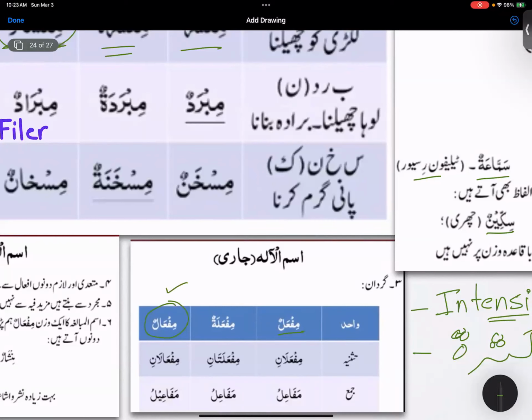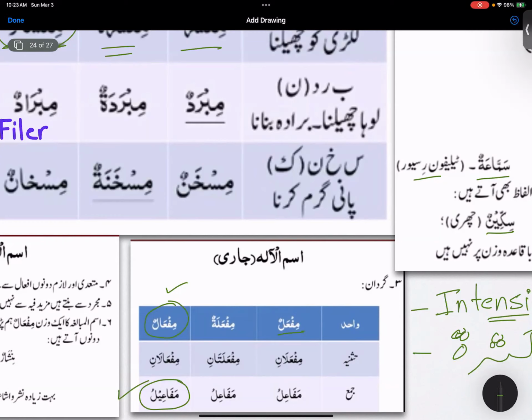Minsharun is the singular, and then its plural is going to be on the mafa'il pattern, not mif'alun. Mafa'ilu. Manashiru, yes, manashiru.